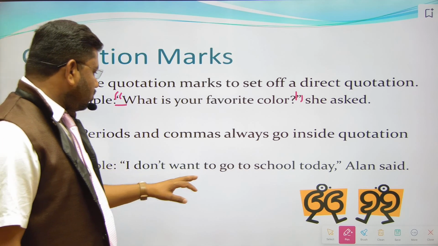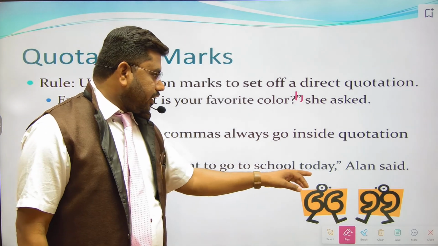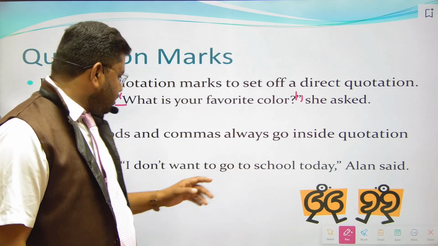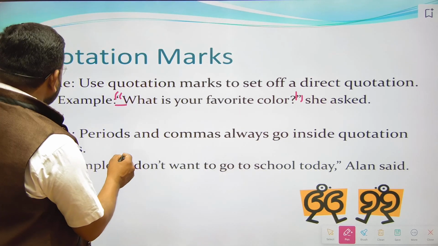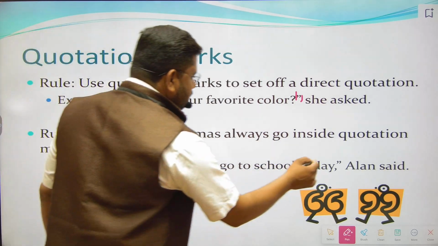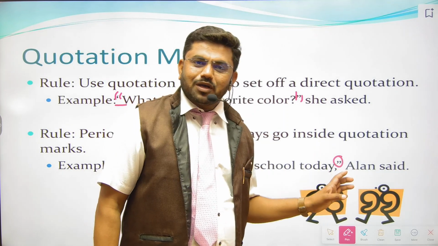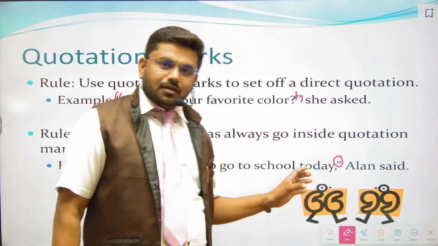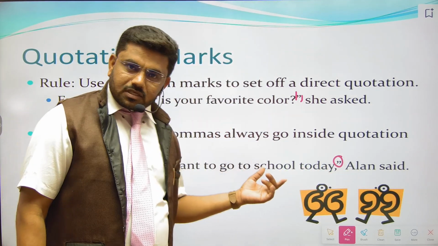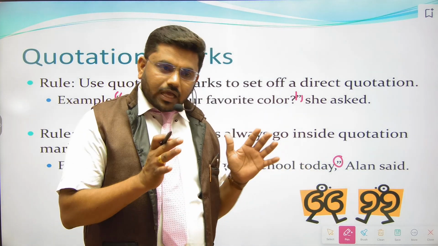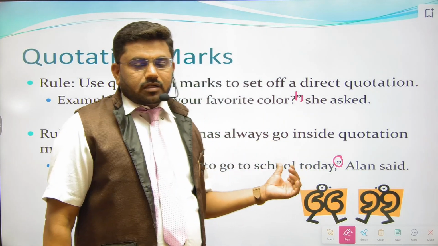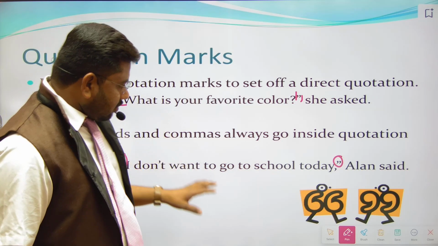Example: "I don't want to go to school today," Ellen said. See here, there is also a quotation mark because this sentence was said by Ellen, and that's why we have to keep it as it is. If a third person is also telling about that, and we want to keep it as it is, then we need to use the quotation mark.